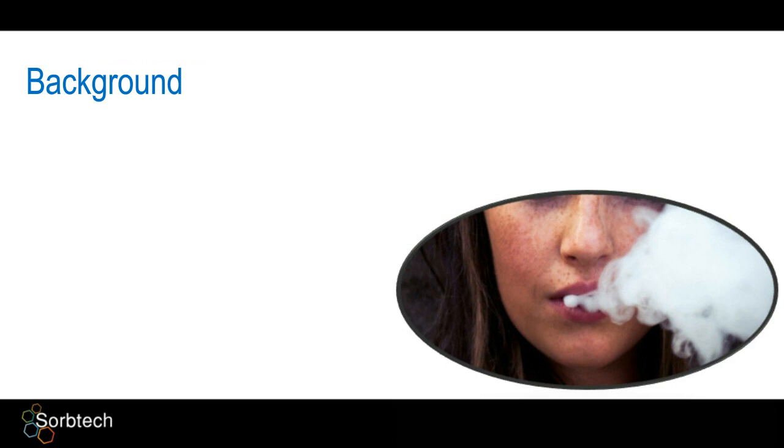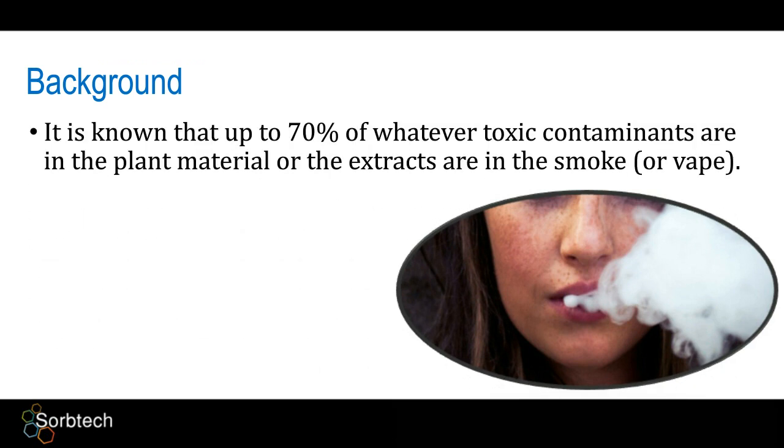Moreover, pyrolysis occurs during partial combustion, and numerous secondary products can be and are generated, and many of these secondary products are toxic. For example, when heat is applied to myclobutanil, a common, widely used fungicide, it generates hydrogen cyanide, and hydrogen cyanide is definitely toxic. So it is known that up to 70% of whatever toxic contaminants are in the plant material or the extracts are in the smoke or vape.